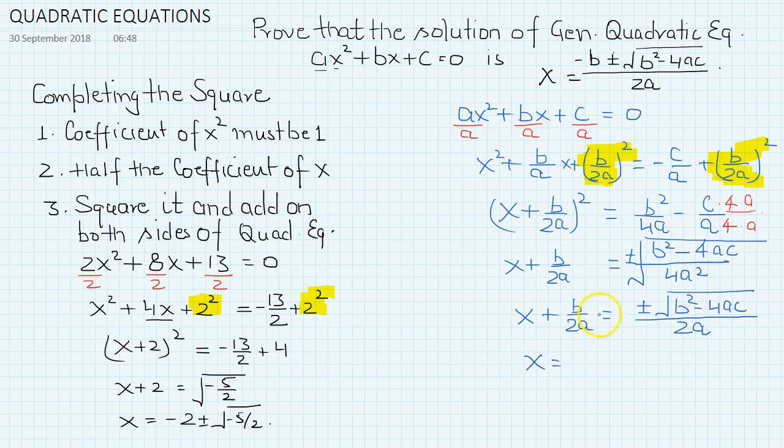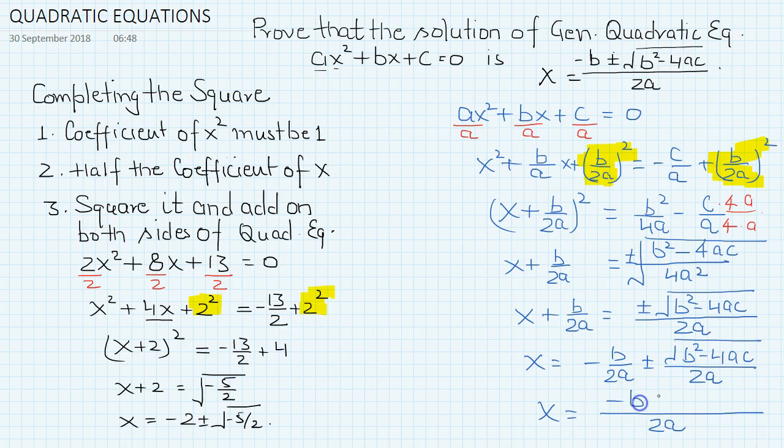So x will be, we take it this side, minus b over 2a plus minus root b square minus 4ac over 2a. 2a is the LCM, it's common, so this is 2a.